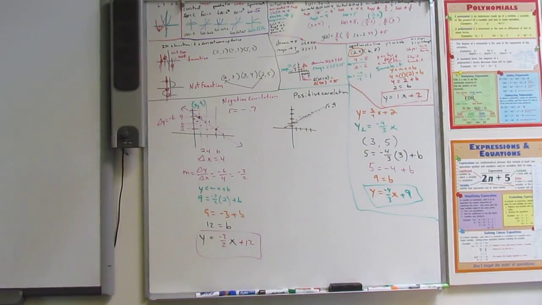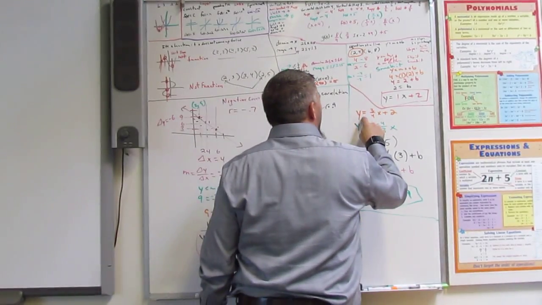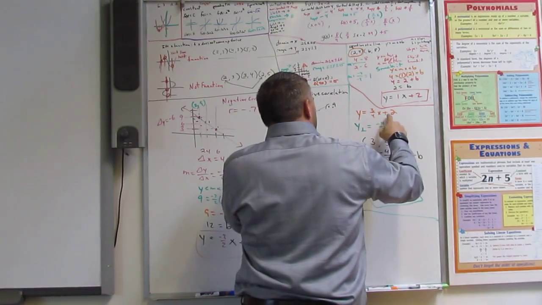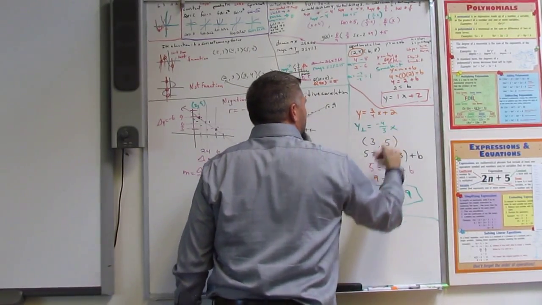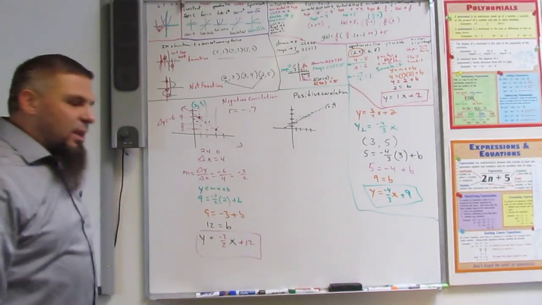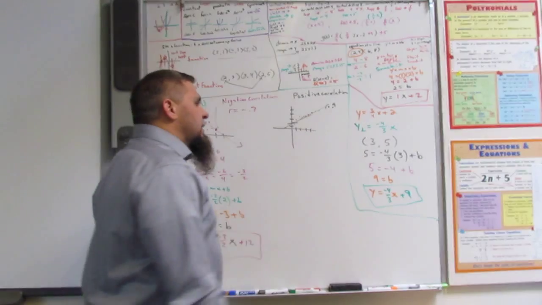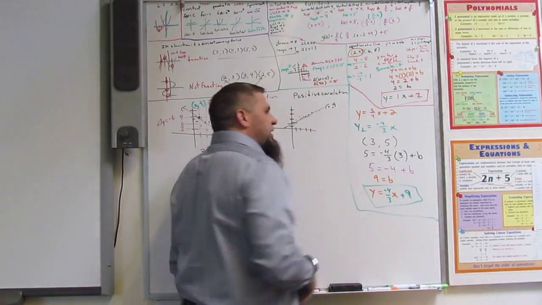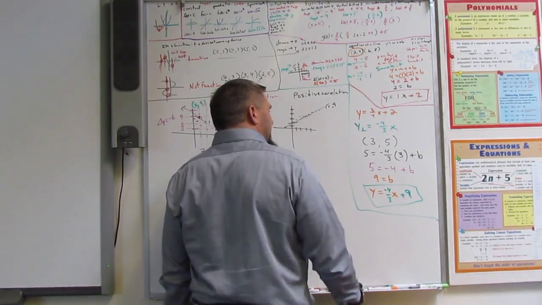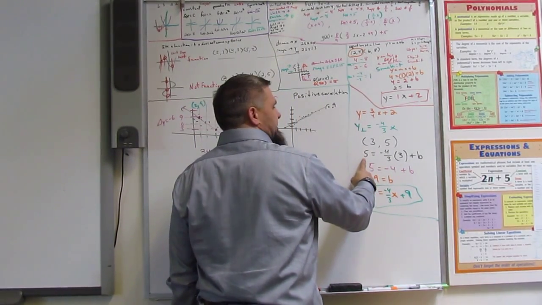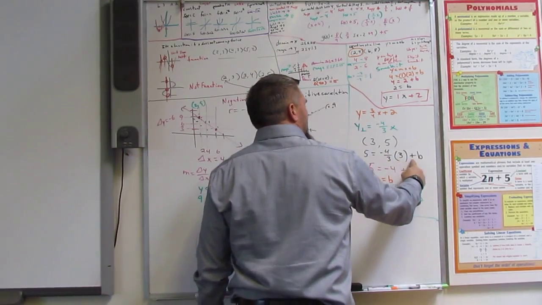Alright, then we go to, what if it's a perpendicular of something? Well, if we have y equals 3/4 x plus 2, the perpendicular slope is going to be -4/3. You just flip it and smack it. Okay? Once I know what the perpendicular slope is, I just use a point that they give me, 3, 5, and plug it into the formula. y equals mx plus b, so 5 equals -4/3 times 3 plus b.